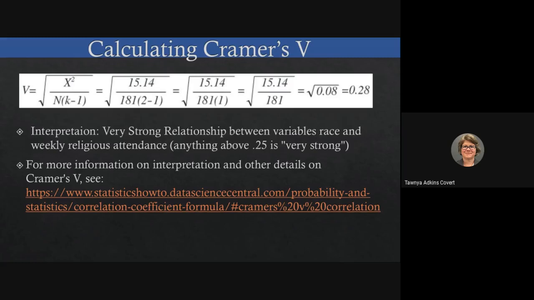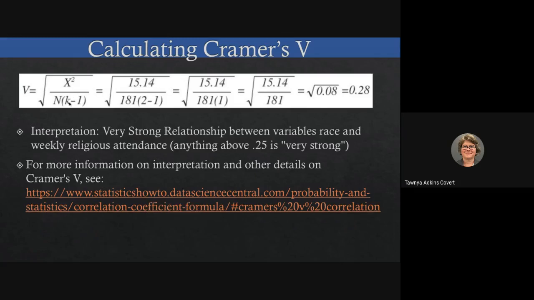So the interpretation: there is a very strong relationship between the variables race and weekly religious attendance. Anything above 0.25 is considered to be very strong for a Cramer's V value. And I have the link here for calculating it and interpreting it from the statistics how-to page.